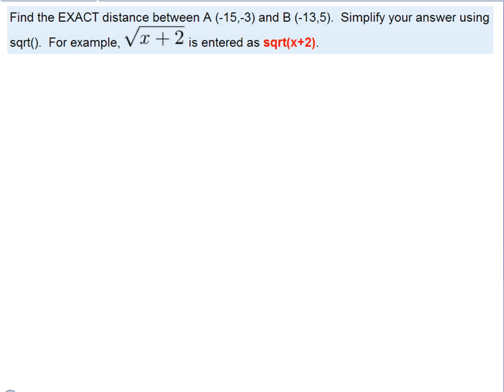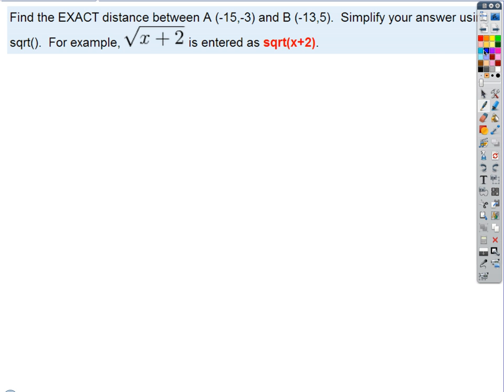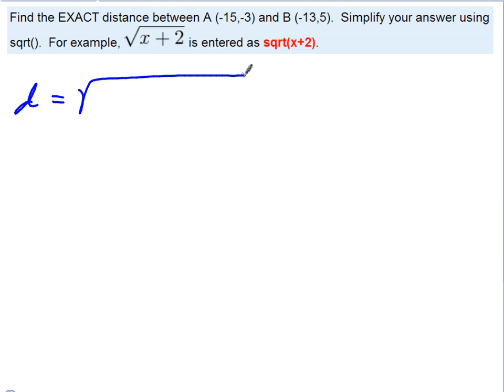So distance formula, remind me again. Distance equals the square root of, and instead of saying parentheses, the way we say this in math is the quantity, which means in parentheses, x2 minus x1 squared. The quantity, very good. Okay, so we'll just plug in the numbers and see what happens.